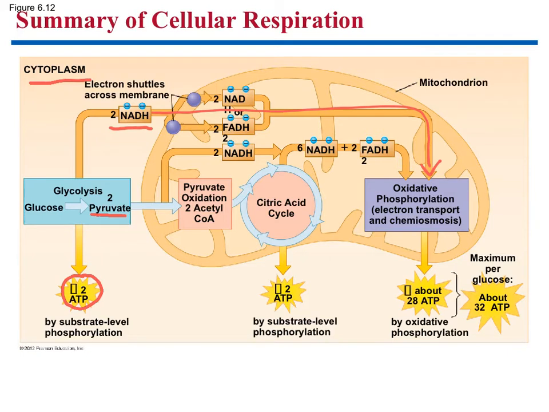Okay, now pyruvate is 2 molecules of pyruvate. I'm going to write that here. 2 molecules of pyruvate are going to go into the citric acid cycle. The citric acid cycle is going to turn, and produce a whole bunch of NADH and a whole bunch of FADH2.